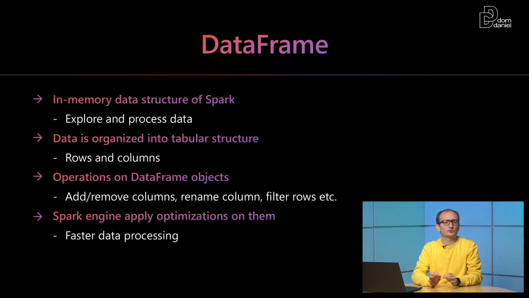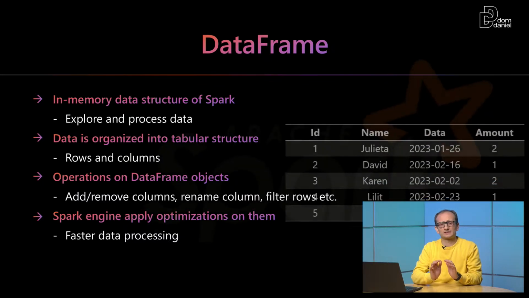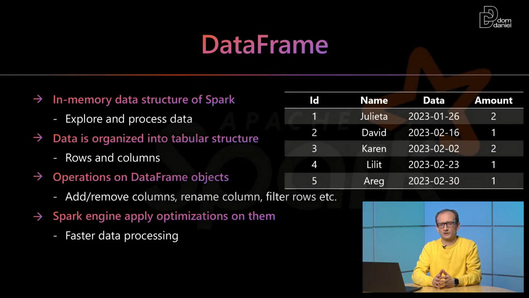Let's talk a little about Spark's high-level abstraction, which is the data frame. A data frame is an in-memory data structure of Spark, which explores and processes data in memory, and it is like a database table. It consists of rows and columns.